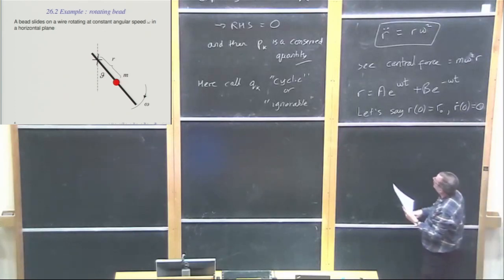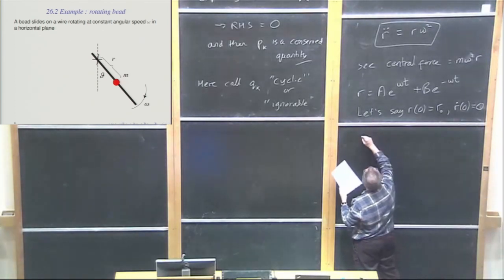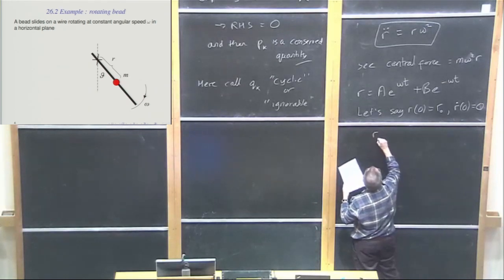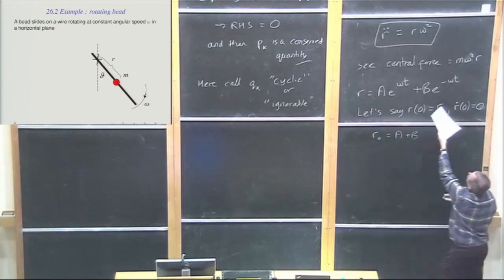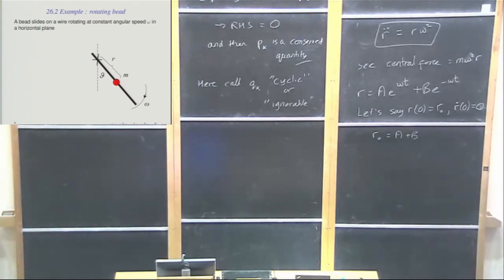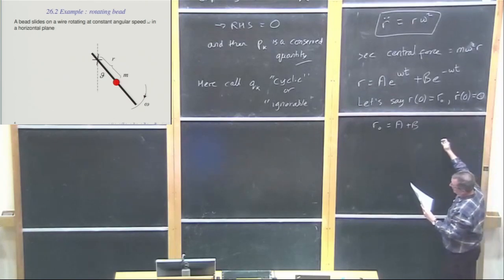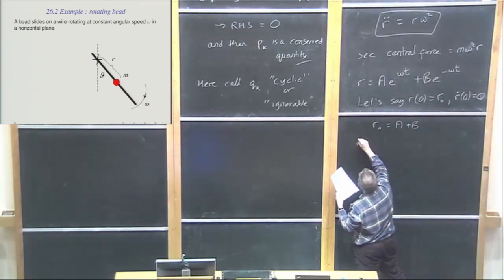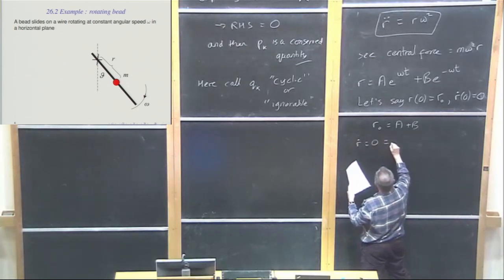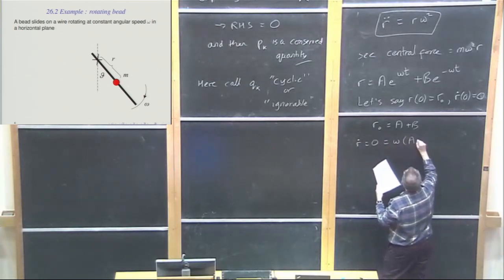Then putting this in, we see that r0 is A plus B. That's just putting t equals 0 in. If we differentiate it with respect to time, I won't write down the intermediate line, but then put t equals 0, we see that r dot equals 0 equals omega times A minus B.